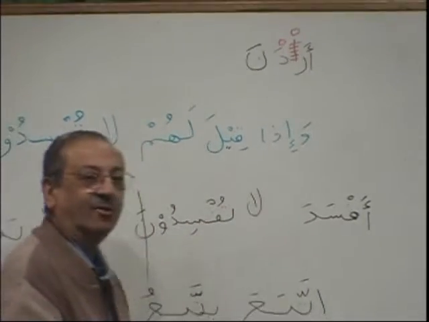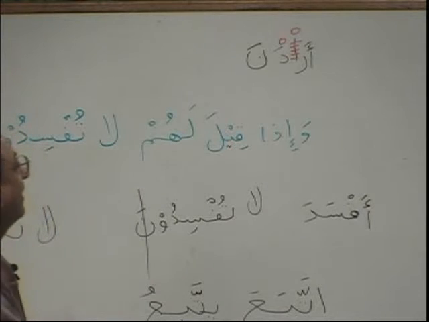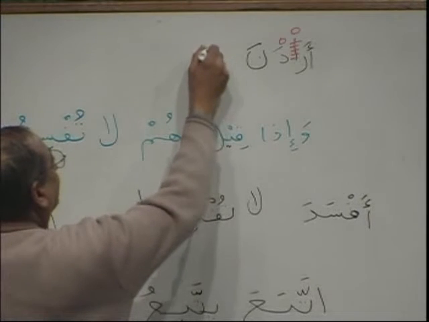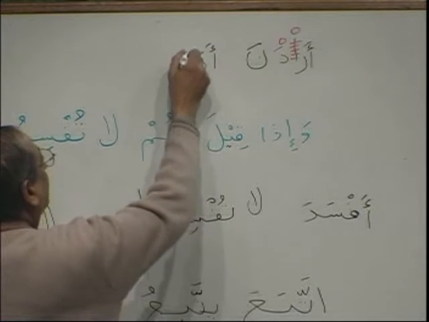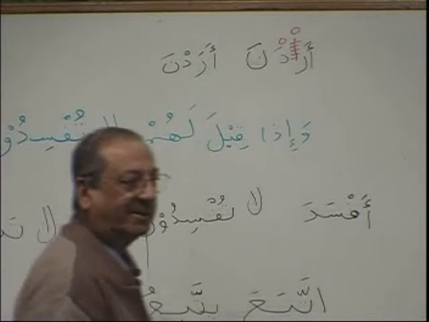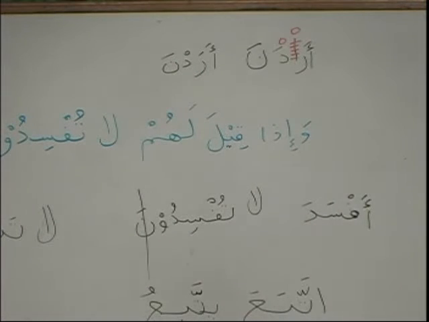So we dropped it. And it became aradna. Are you with me? So, if we know aradna, then aratta, arattuma, arattum, aratti, arattuma, arattunna, arattu, aradna. Are you with me, brothers and sisters?